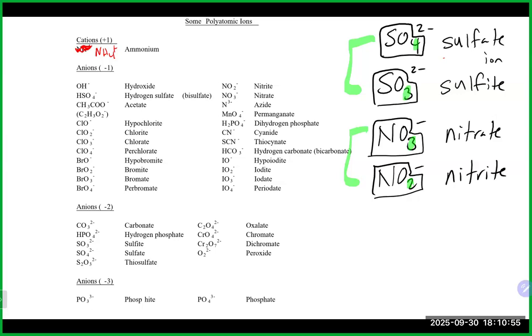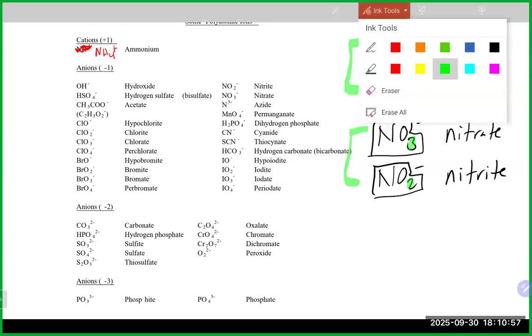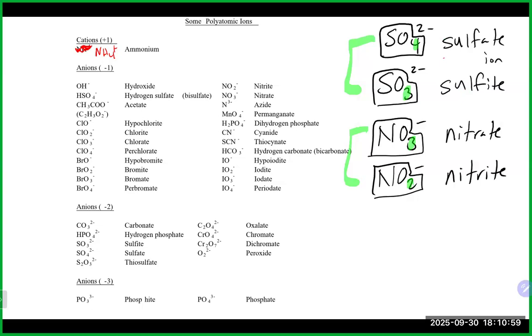They all have a -1 charge. They all still have a nitrogen. So in a grouping of 2 or more, the one with the most oxygens usually will end in ate. So ate is the one with the most oxygens. And the one with the least number of oxygens will end in ite.